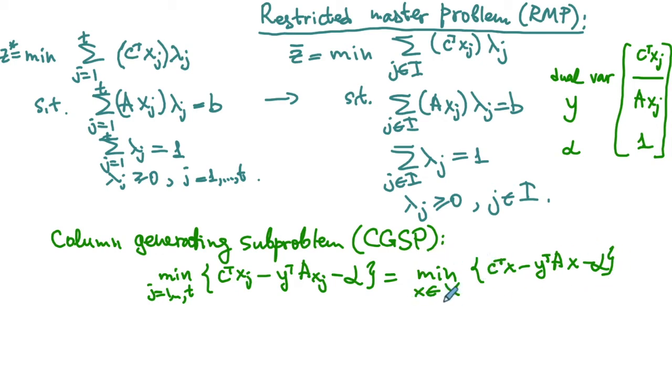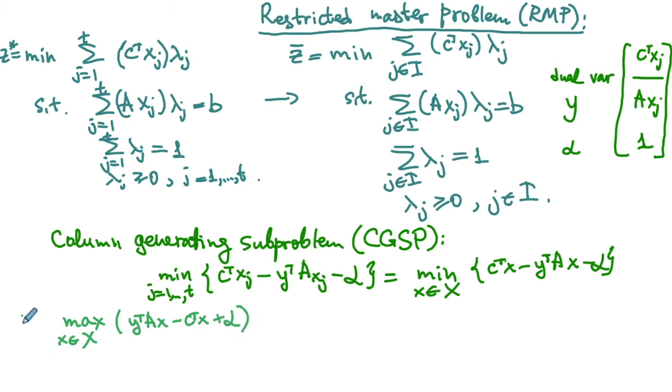And remember, we made the assumption that the set X is described by the set of what we call easy constraints, meaning that this problem is very easy to solve. So let's reformulate our column generating subproblem as an equivalent maximization problem. So we maximize over the same feasible set X the negative of the objective of our column generating subproblem, which is y transposed times Ax minus c transposed x plus alpha.